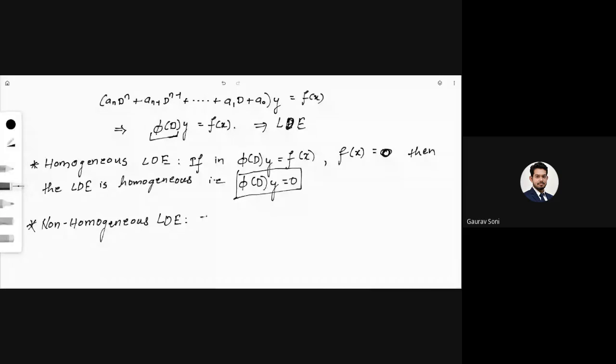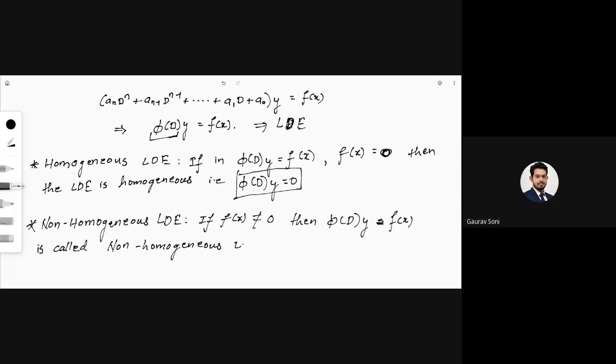If f of x is not equal to 0, then phi of D acting on y is equal to f of x, is called a non-homogeneous linear differential equation.